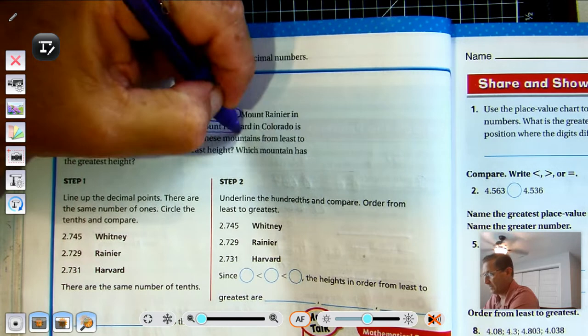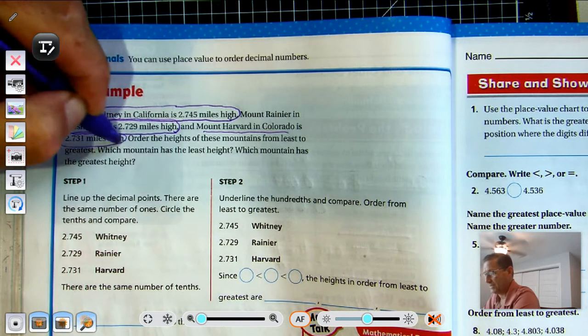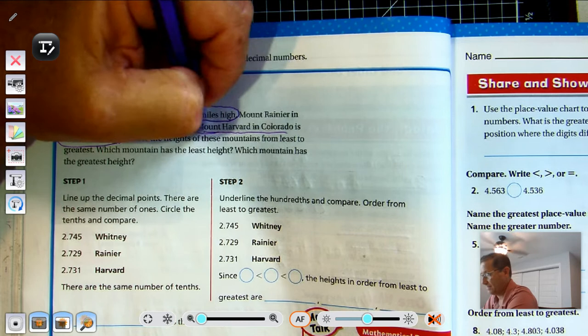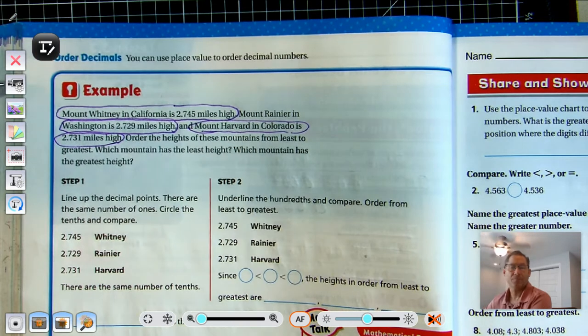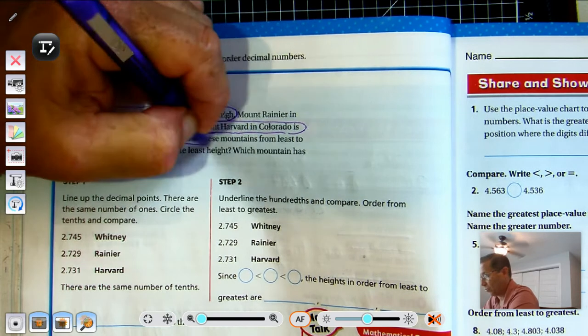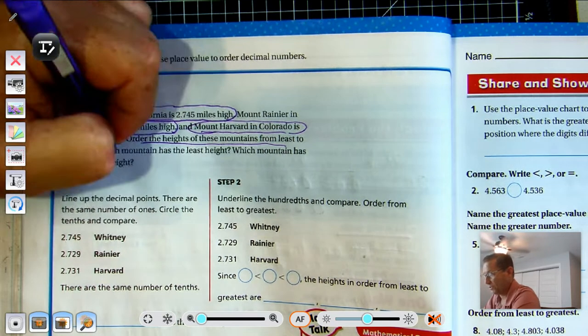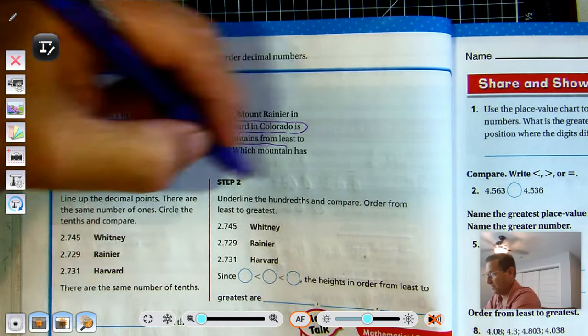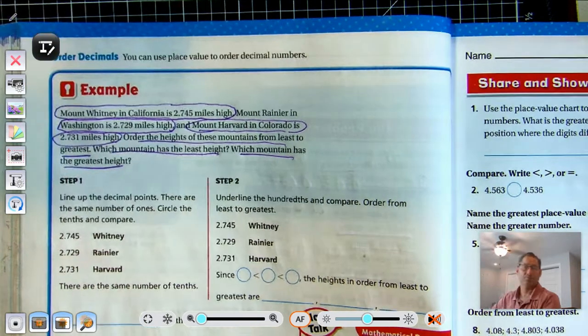And Mount Harvard in Colorado is 2 and 731 thousandths miles high. Order the heights of these mountains from least to greatest. Which mountain has the least height? Which mountain has the greatest height?